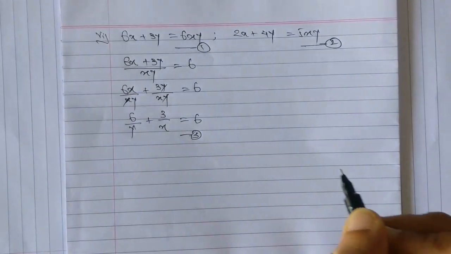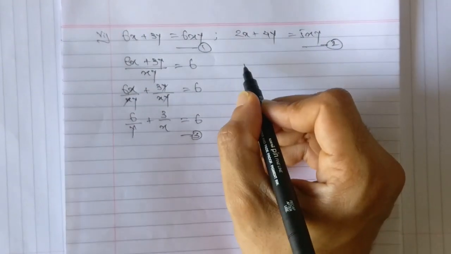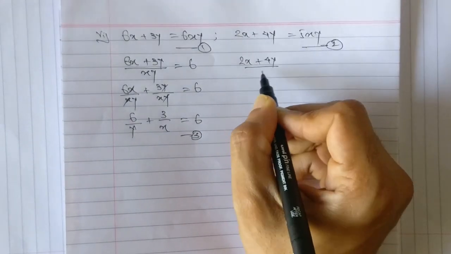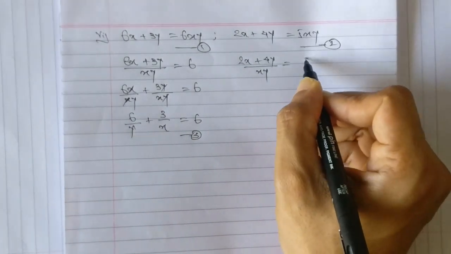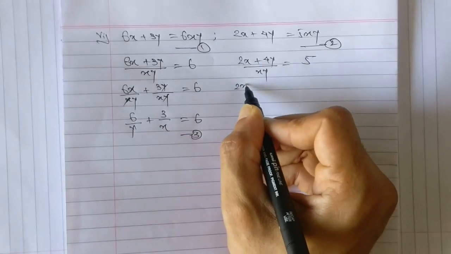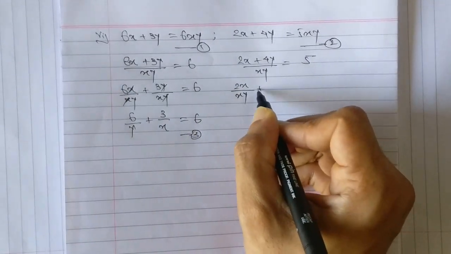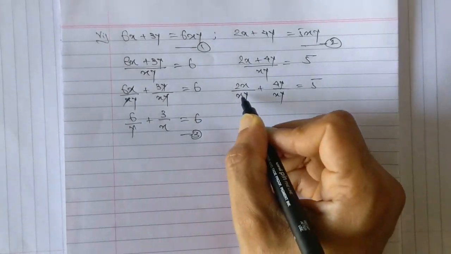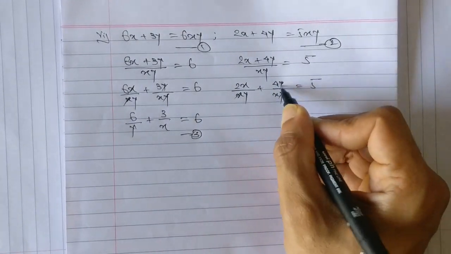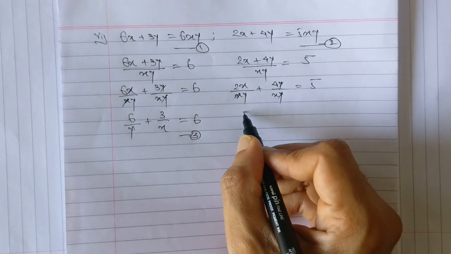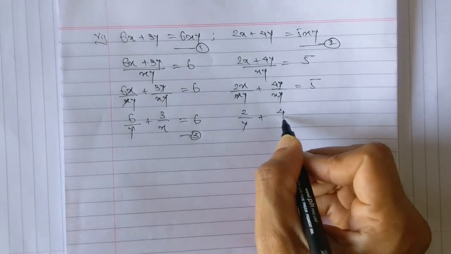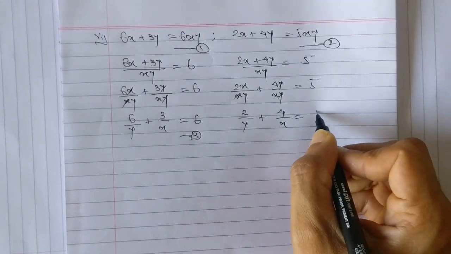Equation number 3. This will get converted into 2x plus 4y upon xy is equal to 5. So 2x upon xy plus 4y upon xy is equal to 5. This x and this x will cut, this y and this y will cut. So 2 by y plus 4 by x is equal to 5.